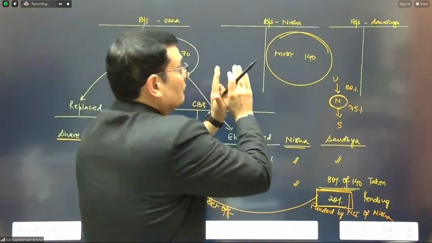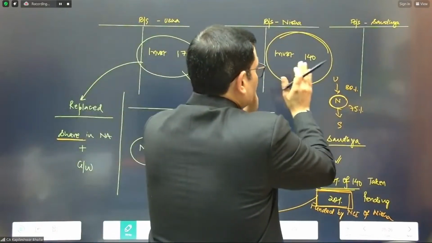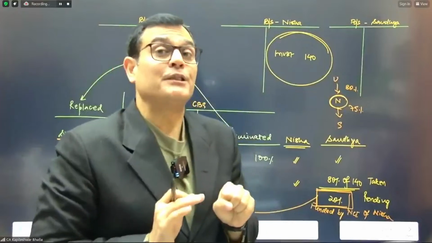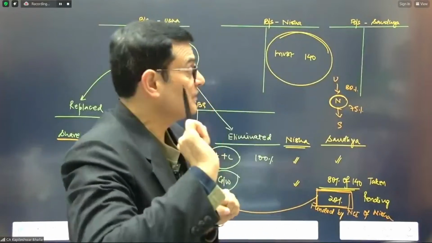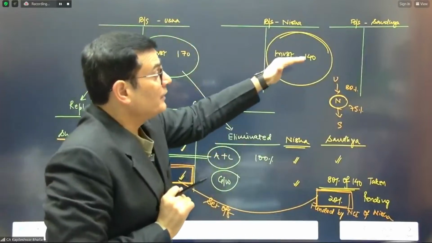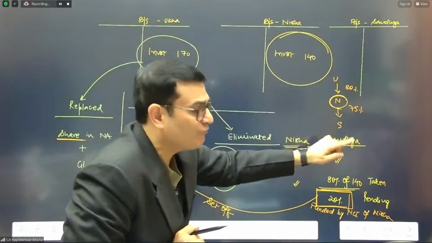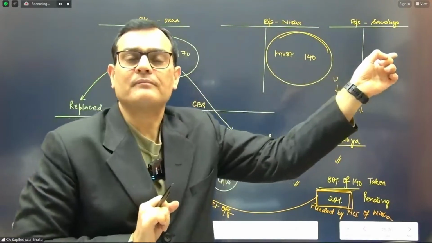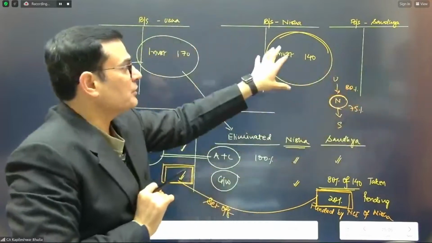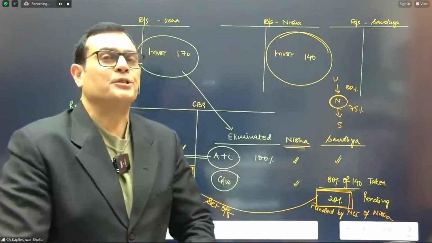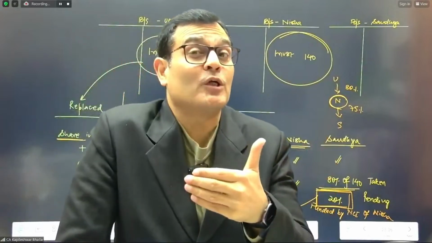Now, there is no problem with reference to consolidation of Nisha. But the problem is the consolidation in terms of Sandhya. Now, watch this. In your goodwill calculations, you took only 80% of 140. 20% was not taken.